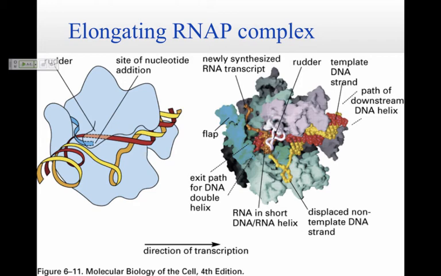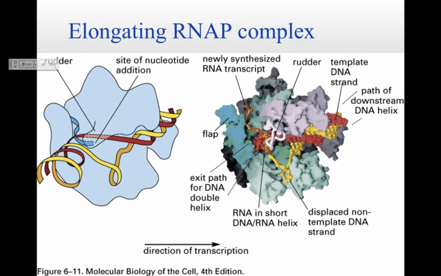It doesn't have a nice PCNA-like loop structure or a beta sliding clamp. It's that piece of the protein which is holding on to one of the two strands as you're doing this transcription. And we know lots of molecular details about this, and if you're interested in more about it, talk to Dr. Bartlett, because that's the focus of the research that's going on in his laboratory here at Portland State.